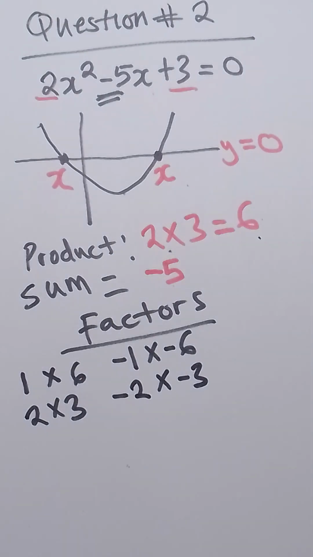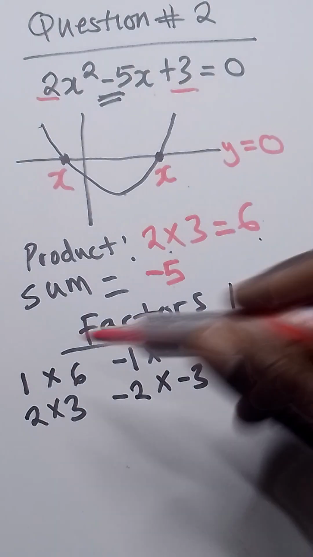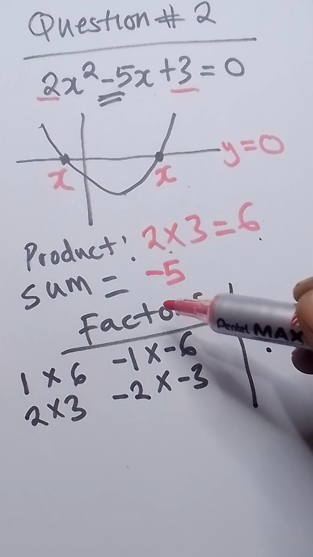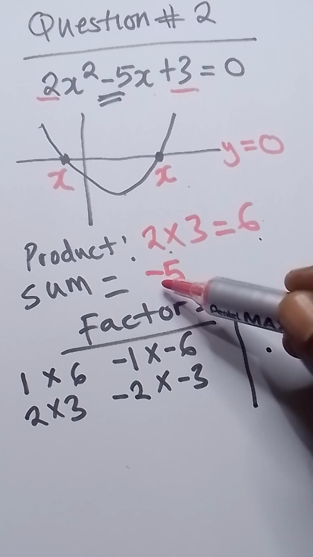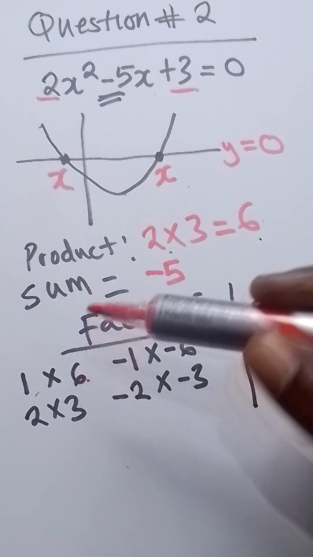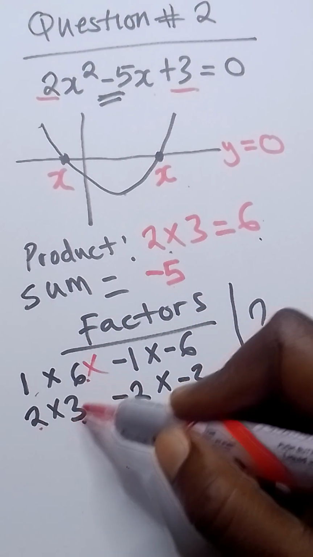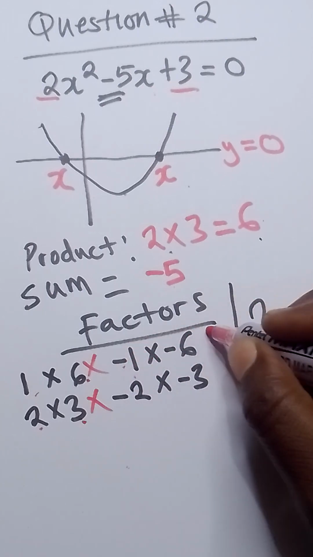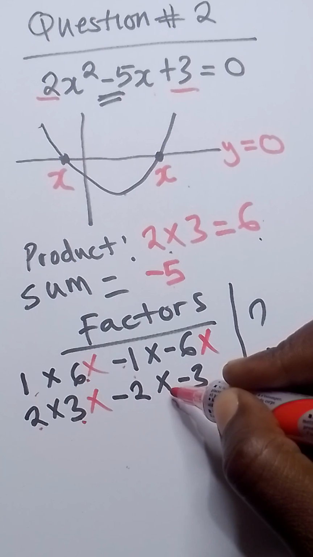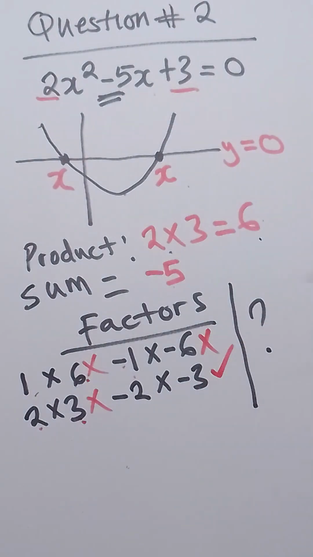After you have done that, the next thing you want to ask yourself is, amongst these factors, which ones, if I add them, will give me -5, isn't it? 1 plus 6 is 7, so this one is out. 2 plus 3 is 5, so it's out. -1 plus -6 is -7, out. -2 plus -3 is -5, so this is the factor pair which I'm going to use in my equation.